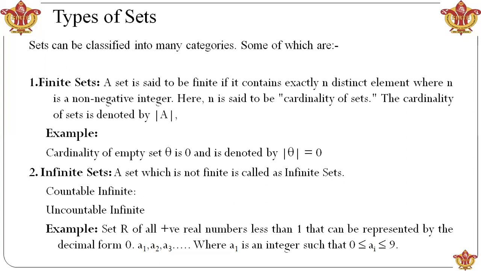Here we take one more example to understand. The set of all positive real numbers less than 1 can be represented by the decimal form 0.A1A2A3, where each Ai is an integer such that 0 is less than or equal to Ai, and Ai is less than or equal to 9. So this is the infinite set condition.